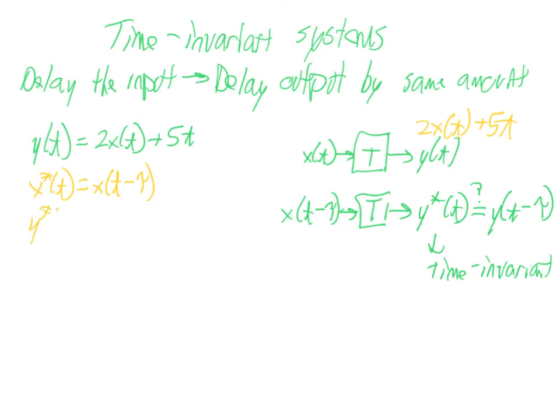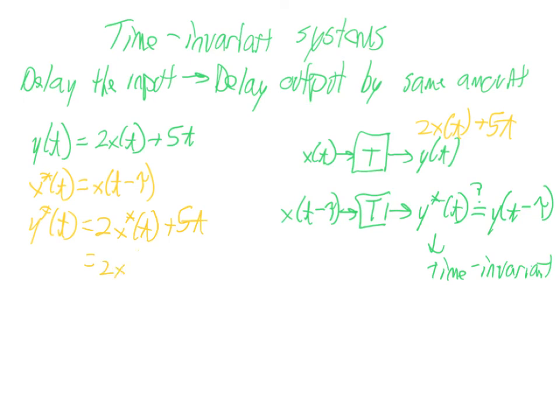Y star of t says you apply the system. Here is the defining equation for the system. We're going to apply that to the input. So twice x of t, twice the input. So twice x star of t plus 5t. Now I substitute in what x star is. X star is the delayed version of x.